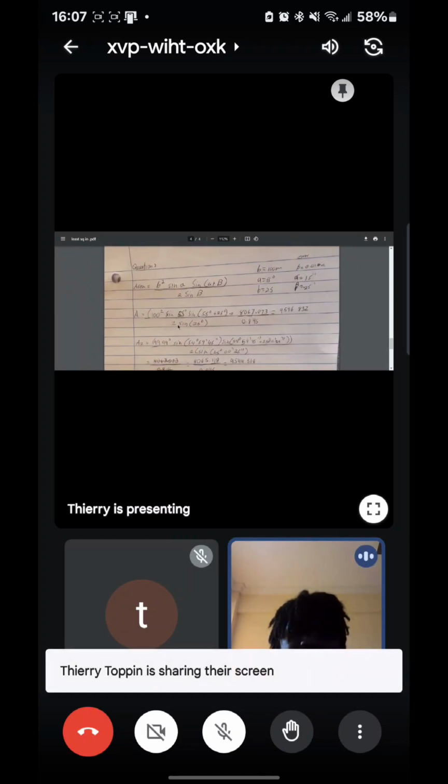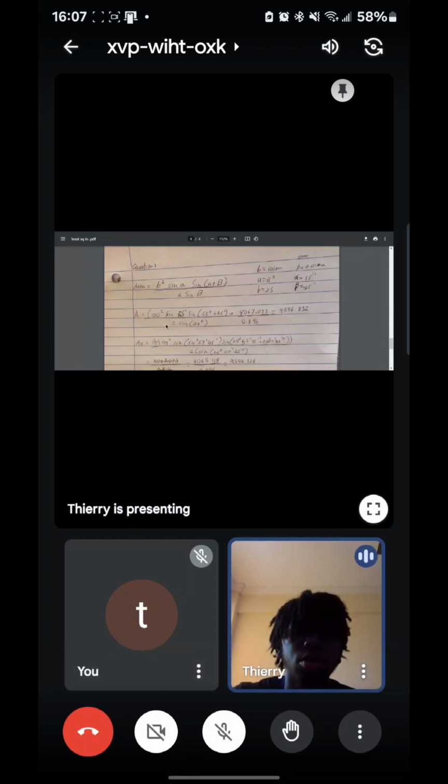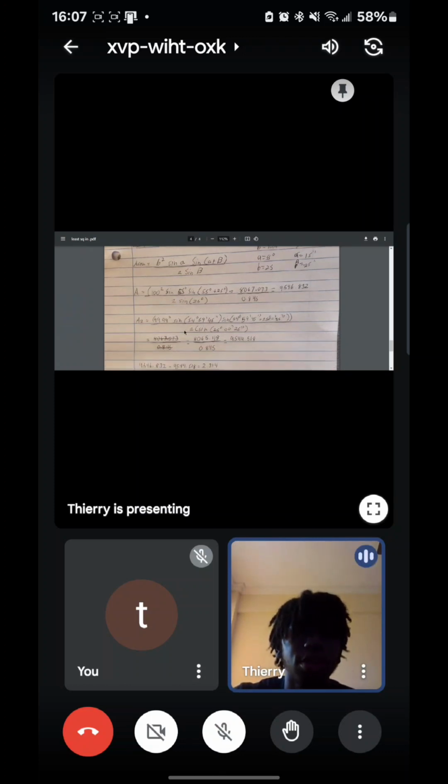Plugging the equation in to find the area of the observed values, we have 100 squared sine 55 degrees plus 25 degrees, all on 2 sine 25 degrees. Solving the top and the bottom separately, the top gives a value of 8,067.073, and the bottom gives you 0.845. Solving the equation, we get 9,546.832 as our observed value area.